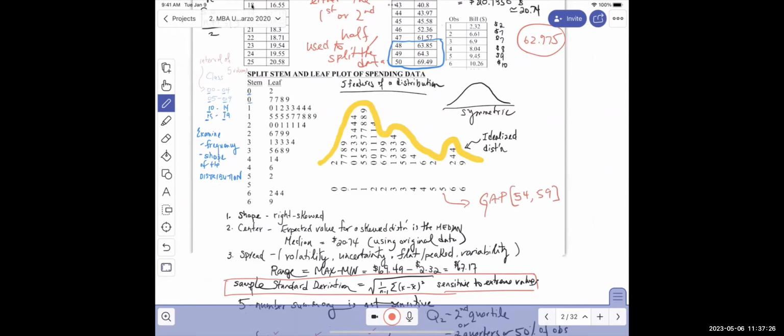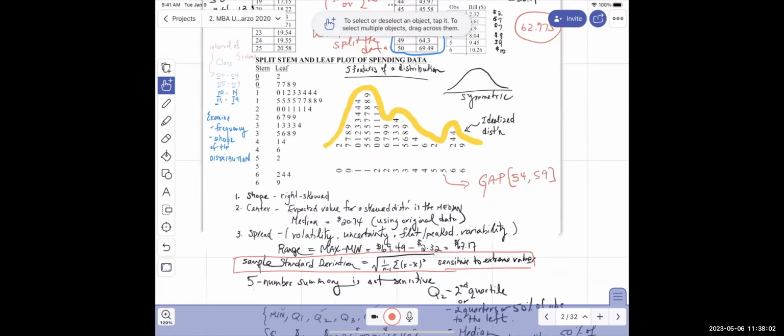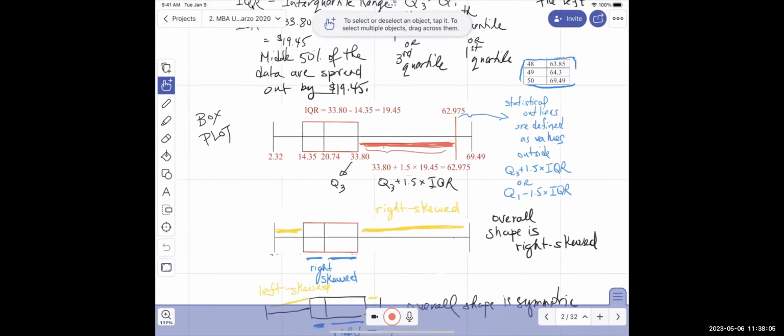Now you have to still draw it because what you have under here is like a continuous number line. So you need to show that there's no data. It's very important because look, it separates the second peak from the third peak. So that's really interesting. It also reinforces the fact that these are outliers set apart from the rest of the data. In fact, there's a gap to set them apart. So that's important. And then we're going to mention the outliers, and that's all we're going to do there. So gap is 54 to 59.